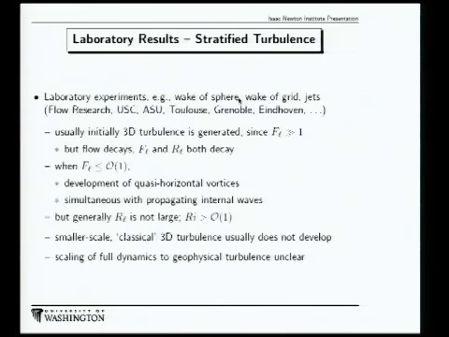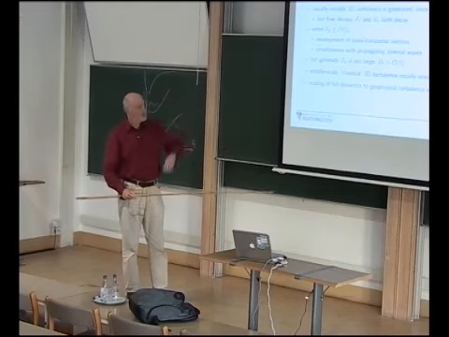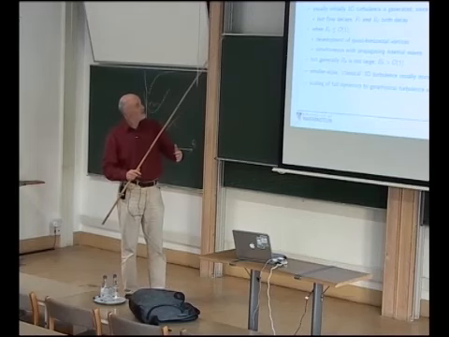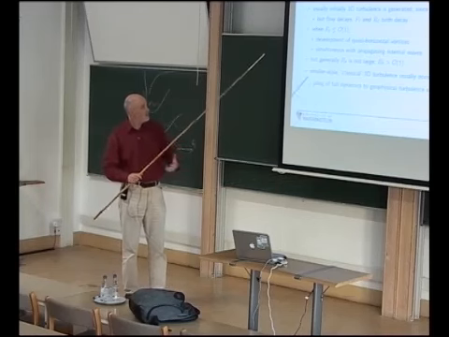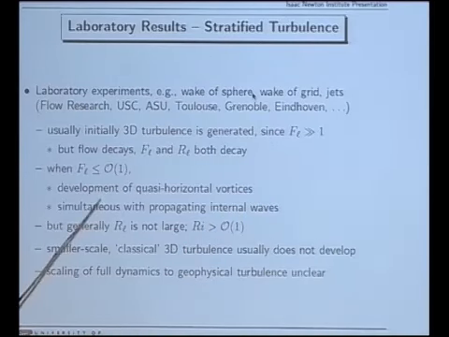Now there have been laboratory experiments that deal with this, carried out in a number of places. I think the first were done at Flow Research, but some very good ones at USC and Arizona State, Toulouse and Grenoble, Eindhoven and some other places. Usually in the lab experiments, a lot are done with an object like a sphere and just tow it down the tank. And the tank is usually stratified with salt.